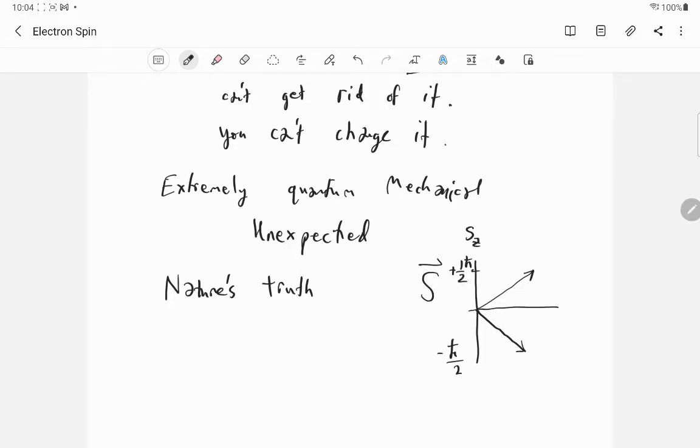All of a sudden we can talk about the z component of the electron spin angular momentum. It's called m sub s. And m sub s can take values of, do you remember the list? It goes plus or minus L, plus or minus L minus 1, all the way down to 0.